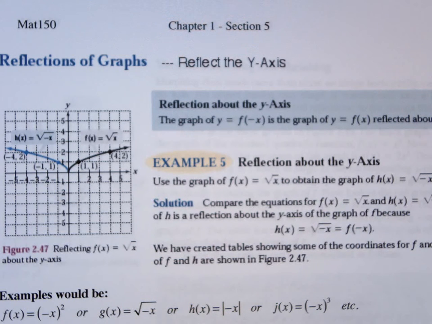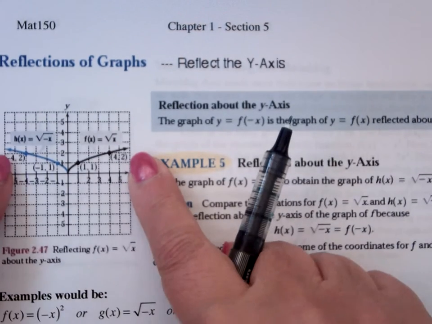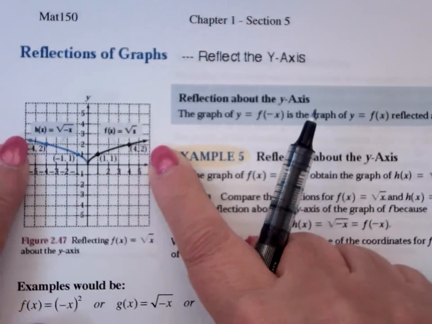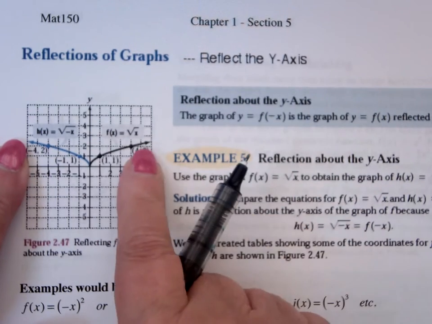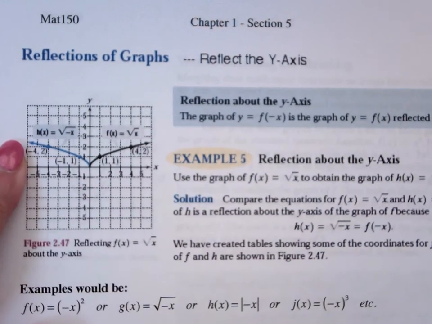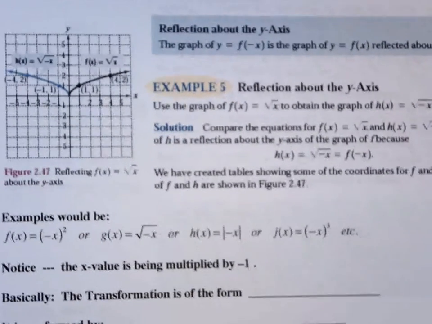We now have 4. That means we've got 2 more. So if we're looking at the graph and we're multiplying the x values by -1, it's going to flip the graph around the y-axis. It's a reflection around the y-axis.